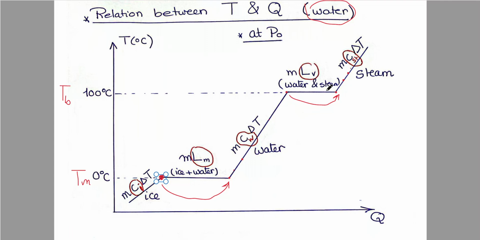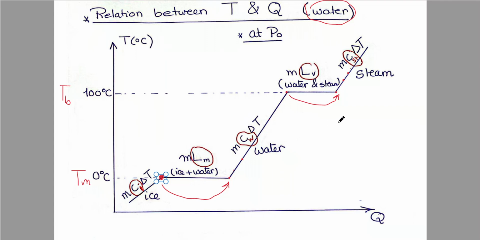While when you have ice and you are giving heat, the amount of heat is calculated as mc delta T. But the specific heat for ice is different from water, which is different from steam. We said that the specific heat depends on the kind of matter and also depends on the phase of the matter.